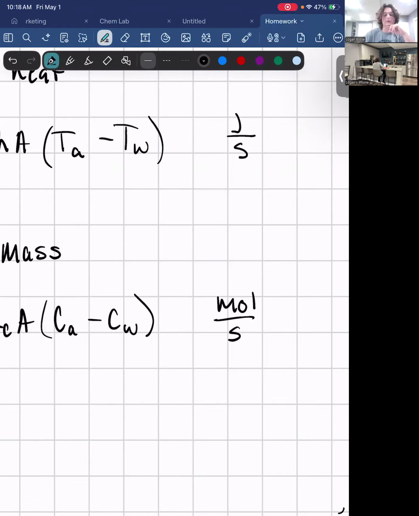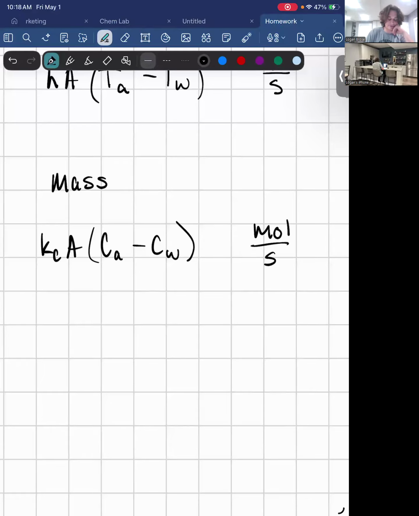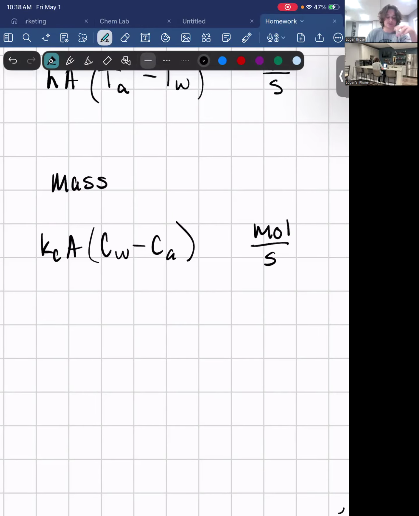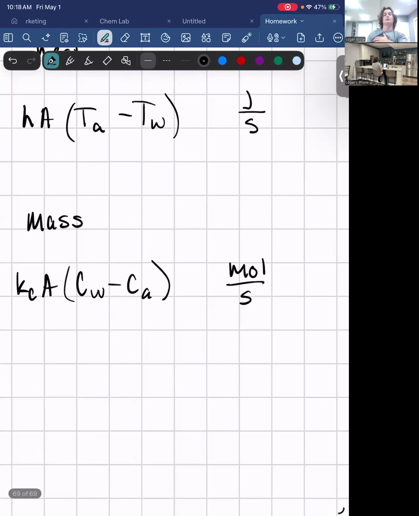And so actually this is the concentration of the water minus the concentration of the air. But so this has moles per second, and we want to be able to relate these two equations. We want to set them equal to each other. And so we have to get this bottom to be in joules per second.